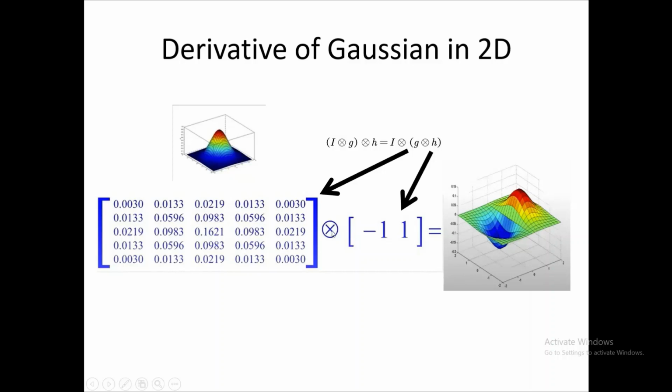When we apply this derivative operator to the Gaussian function, it results in this graph, the derivative of Gaussian, which when I apply it to the image gives me the derivative of the Gaussian-smoothed image. We do this in the x direction, and then in the y direction.